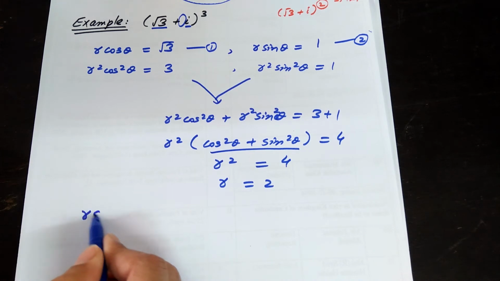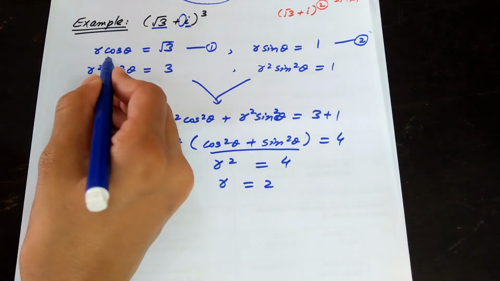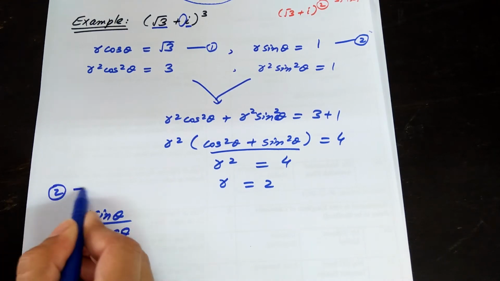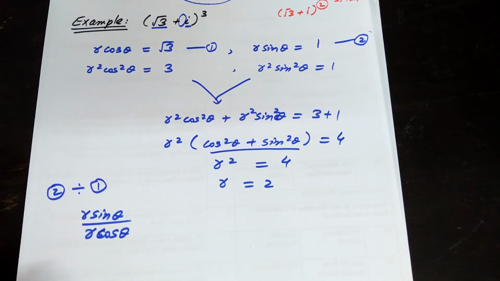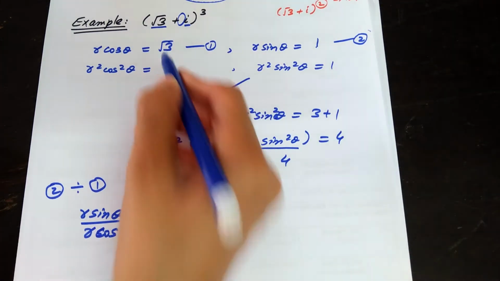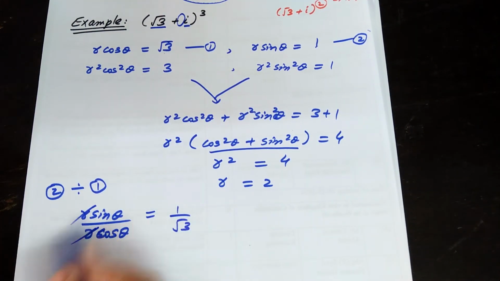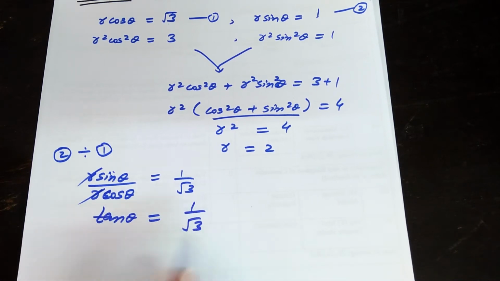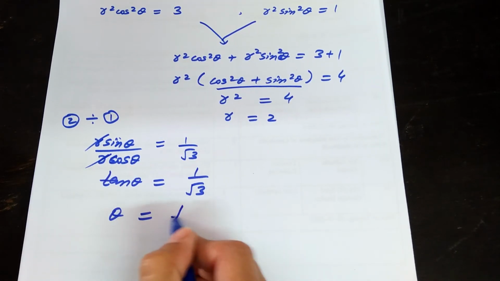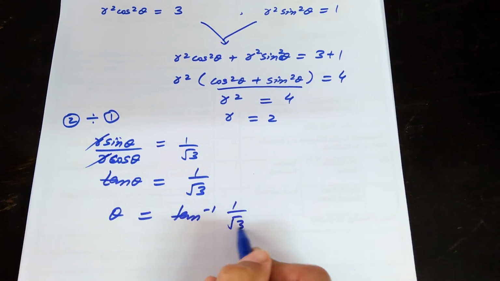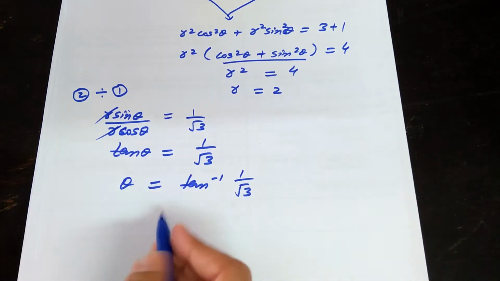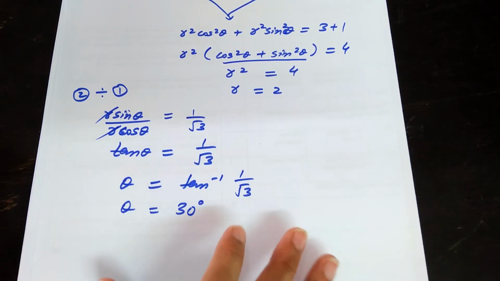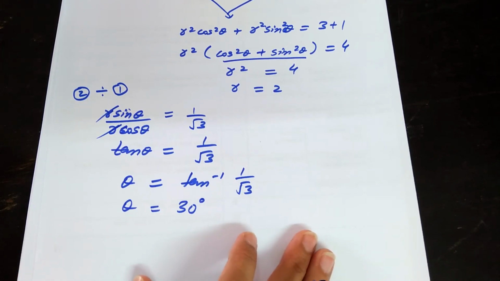So it will be r sine theta divided by r cos theta, which gives 1 divided by under root 3. Now r and r will cancel out. You will get tan theta equals 1 over under root 3, so theta equals tan inverse of 1 over under root 3. And you know that tan inverse of 1 over under root 3 is equal to 30 degrees. You can use your calculator to evaluate this, or you know the trigonometric angle values as well.